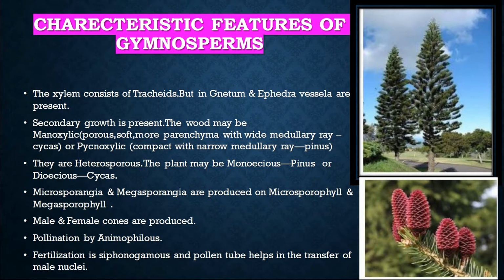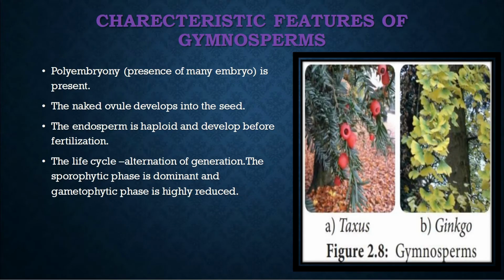Pollination takes place through wind, that is anemophilous, and fertilization is siphonogamous, which means the pollen tube develops and helps in the transfer of the male nuclei into the ovule. Polyembryony, which means the presence of many embryos, is also present in gymnosperms. Endosperm is haploid and develops before fertilization, whereas in angiosperms it is triploid.